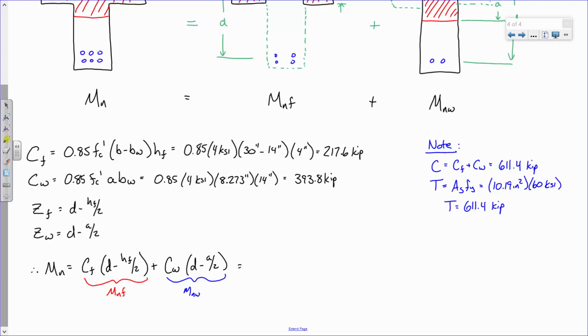So we're splitting it up into two different couples, okay? And so that's going to be 217.6 kips times 30 inches minus 4 inches over 2, plus 393.8 kips times 30 inches minus, what was A again? 8.273 inches over 2. And so chug that out, what does that come out to be?